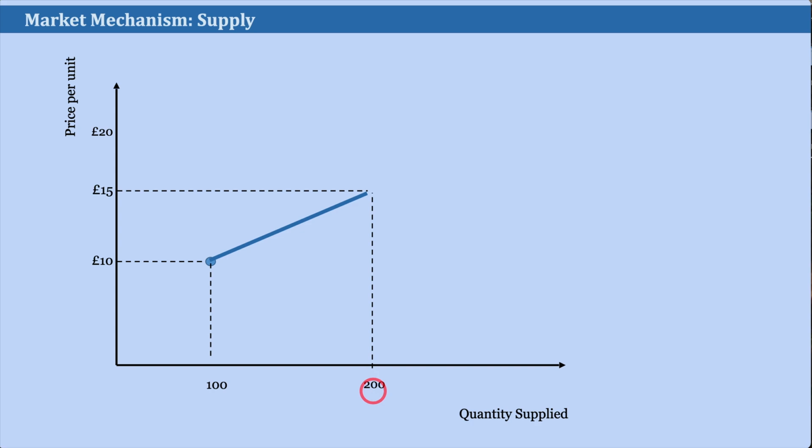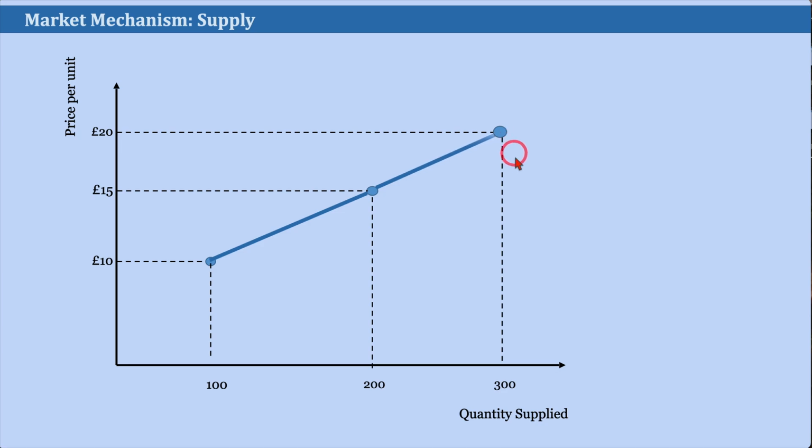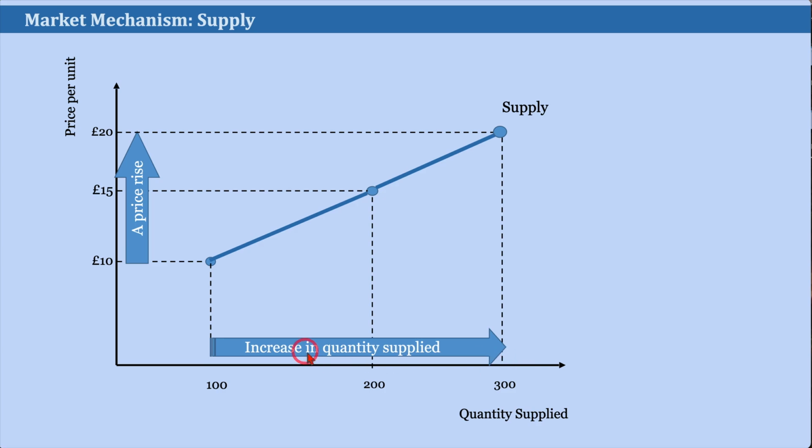And so there's an upward sloping relationship regarding the price and the quantity being supplied. And again, if the price rises to 20, then we're going to increase our supply to 300. Now it's really important that you see, therefore, that as the price rises, there's an increase in the quantity supplied, and we call it an extension of supply.